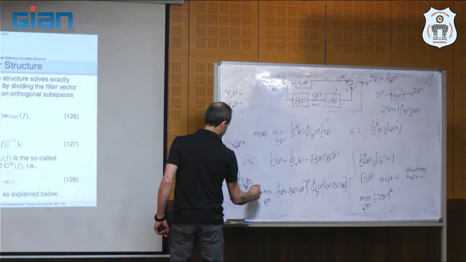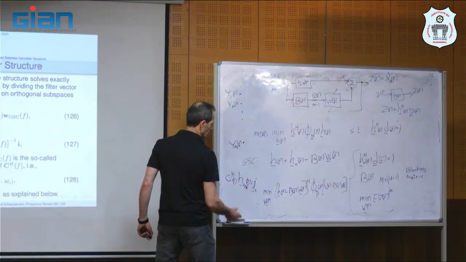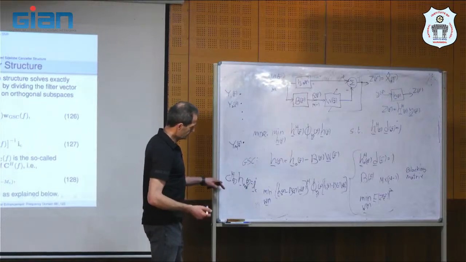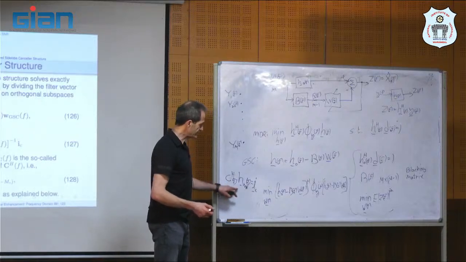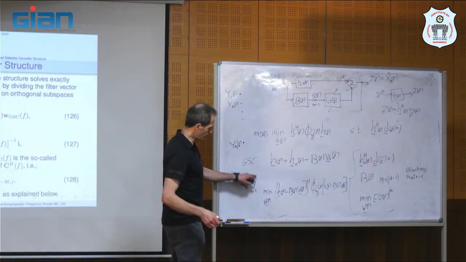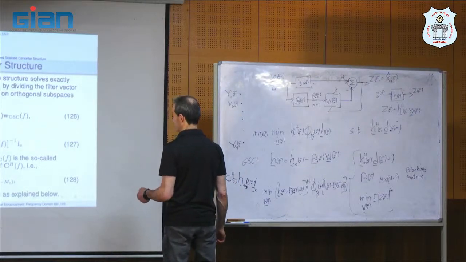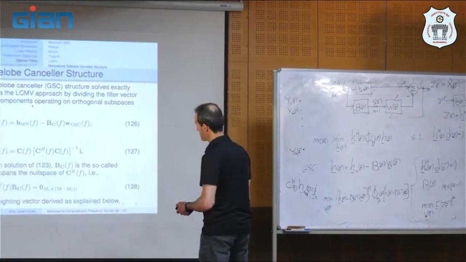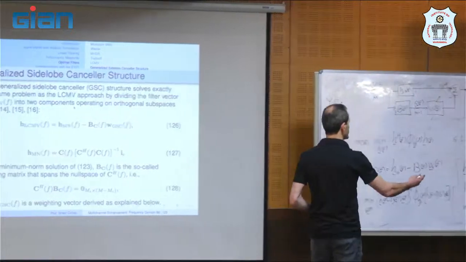We want it to equal IC, the vector of the values of the constraints, just like we saw. This is the constraint of the LCMV. So the solution for this is this. This is the minimum norm solution. Okay? And so we have a solution to this one.